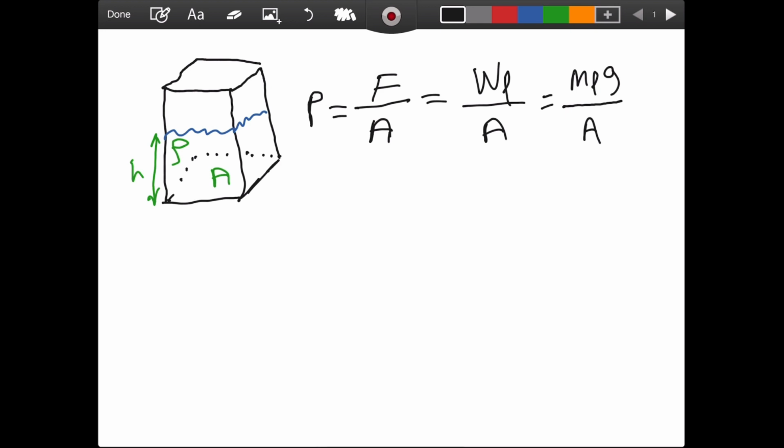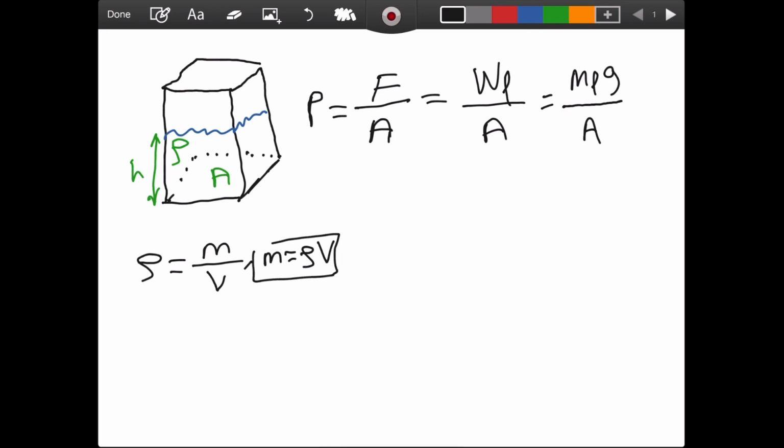Without proceeding further with this equation, I want to come back to the definition of density. The definition of density tells us that rho is equal to mass divided by volume. And of course, this is the same thing as saying that mass is equal to density times the volume.